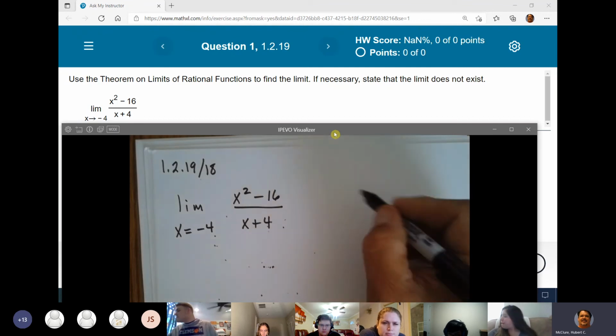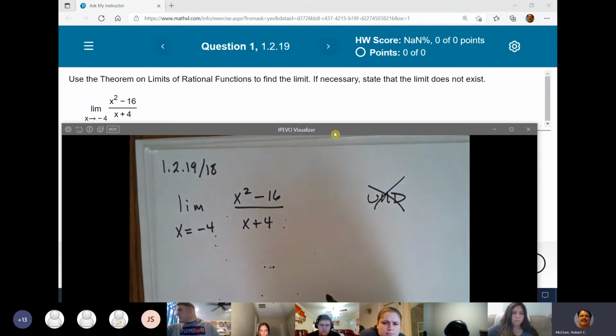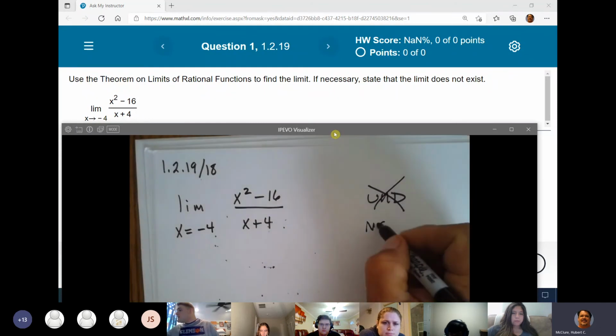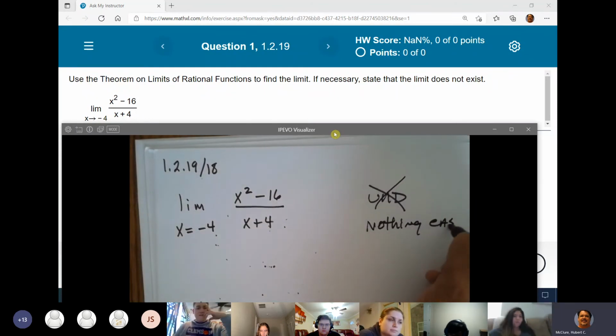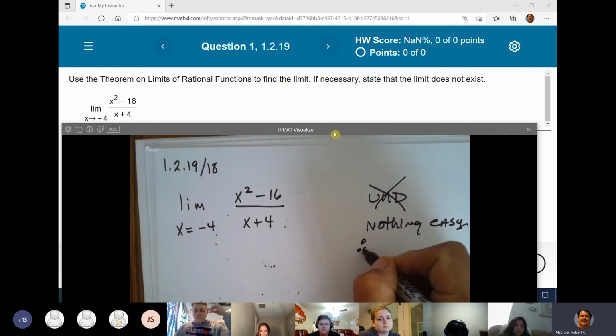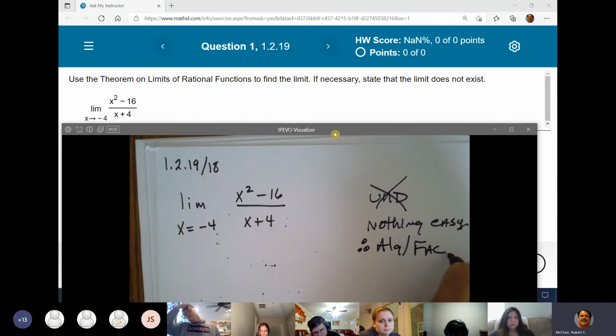So the whole thing is undefined. And no, nothing's that easy in calculus. Therefore, we got to use some algebra and factoring.